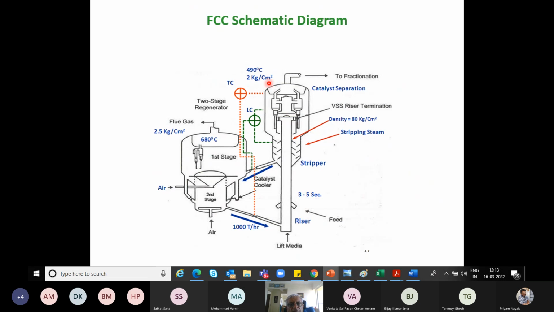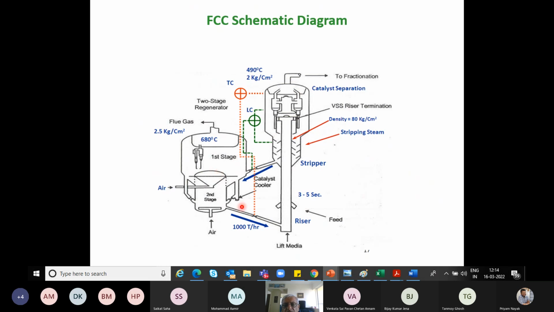And you're limited to 2 bar because of the pressure drop in the fractionation section. The regenerator operates at slightly higher pressure, so that there's enough pressure to take into account the pressure drop in the flue gas treatment section. So this is how the two vessels are linked.